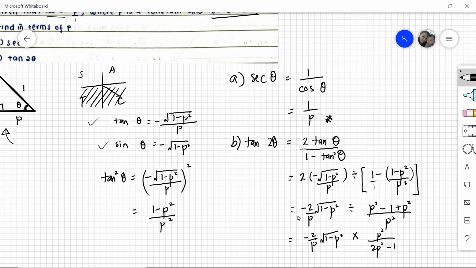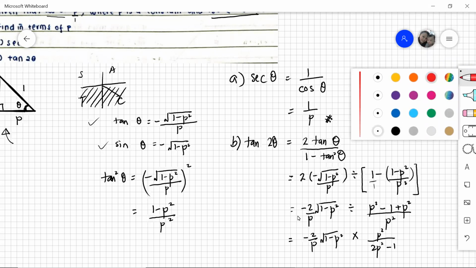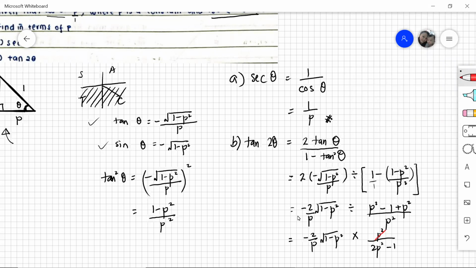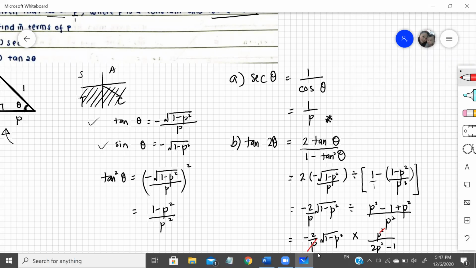Now the p squared and the p can be simplified. So let's simplify it first. Okay, sorry, it should be the square. Okay, one of the p is simplified.